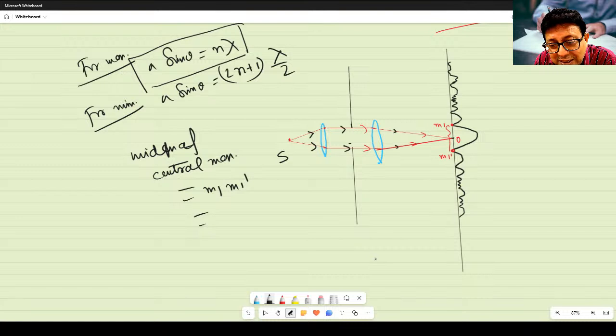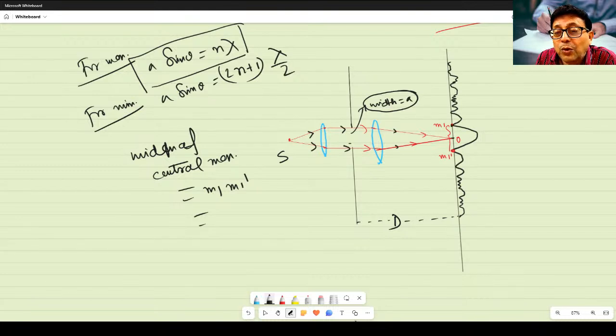See, I have to take something now. I am taking this distance as D. Okay, the wavelength of light be lambda. And this width of the slit is a. So, what is the angular position of M1?